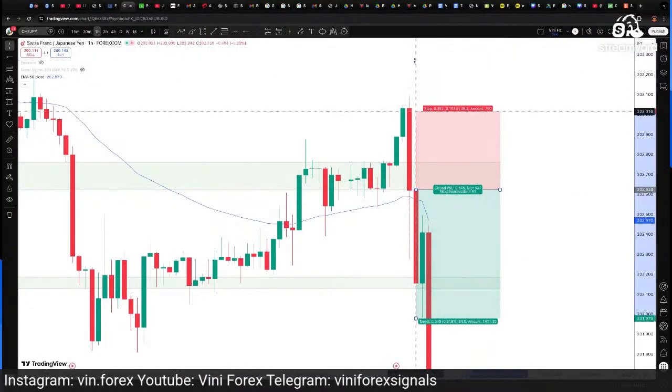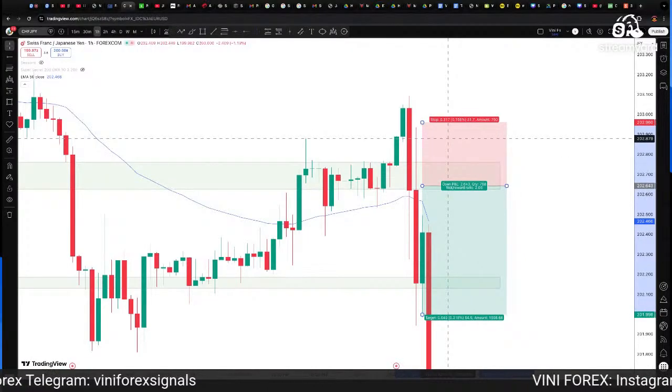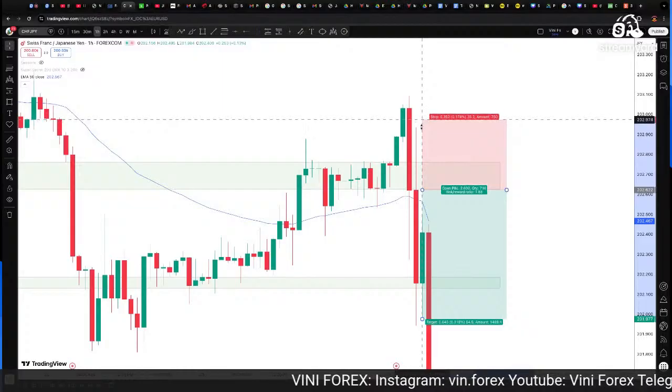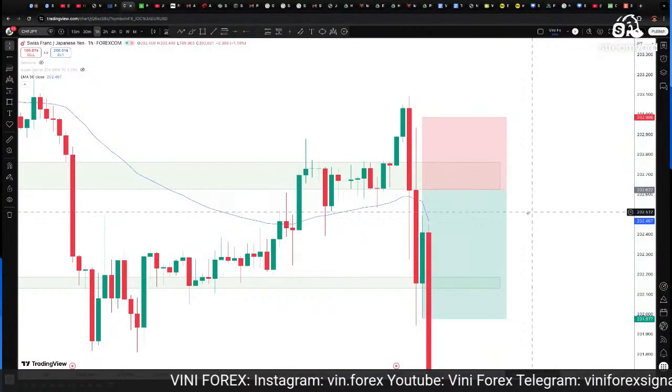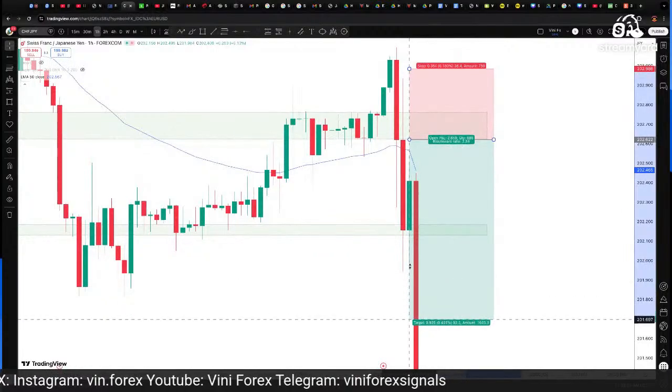My stop loss was above this, giving me around 36 point something pips for stop loss. And I was targeting 1:2.41.